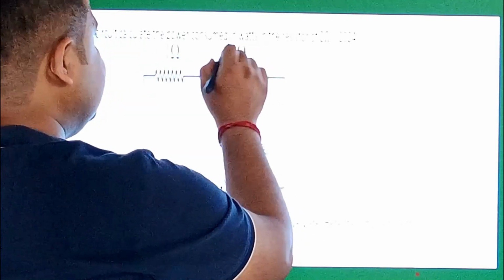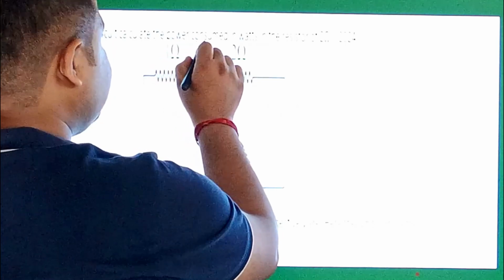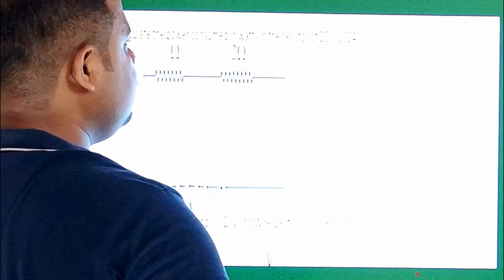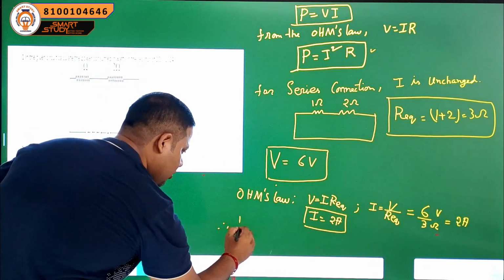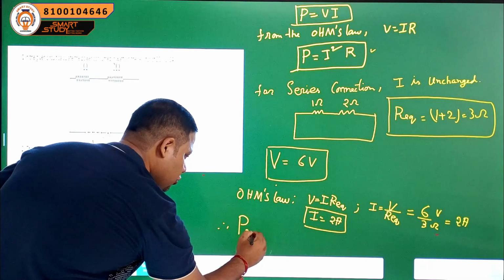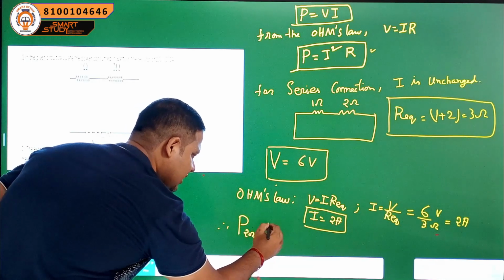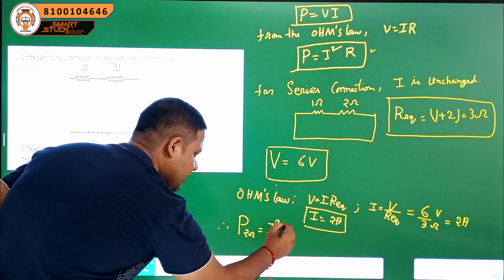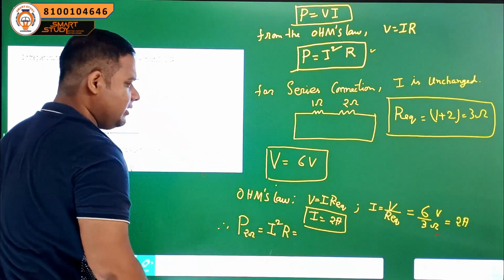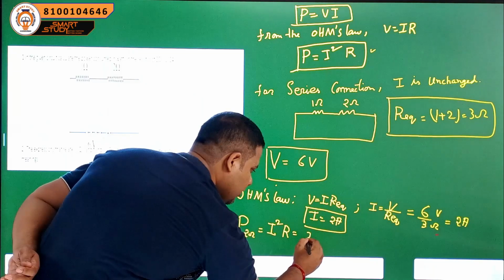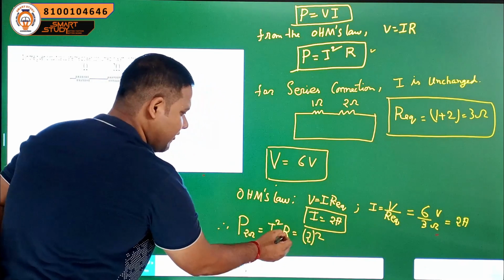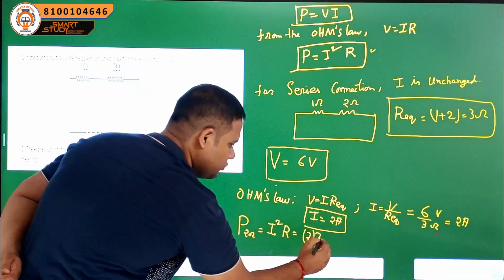What is our required answer? In the question they ask for the power consumed in watts in the resistor of 2 ohm. So the power consumed by the 2 ohm resistor is I square R. In I square we write 2 square, and our required resistance is 2 ohm.